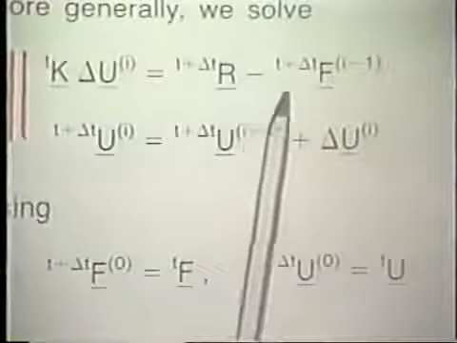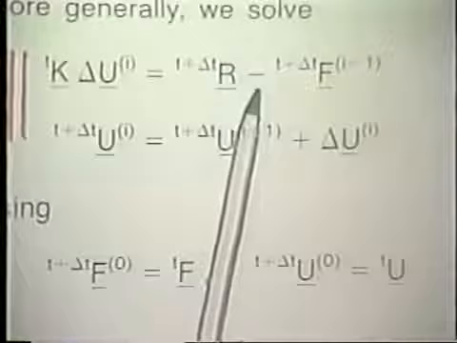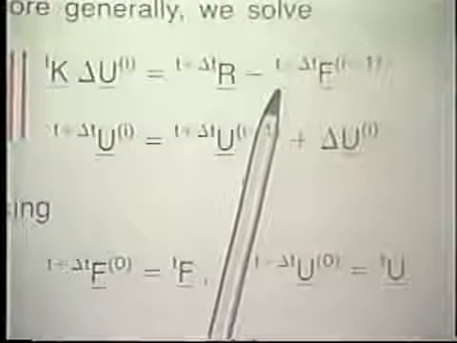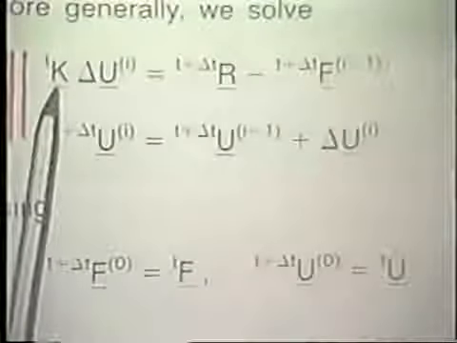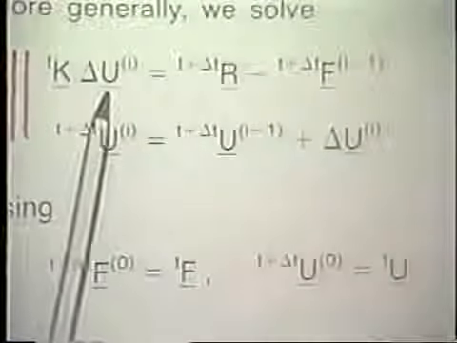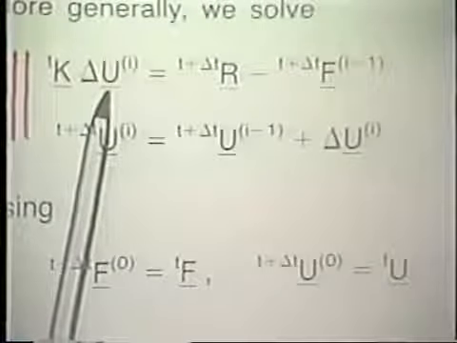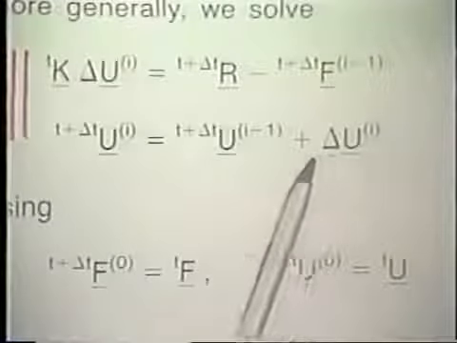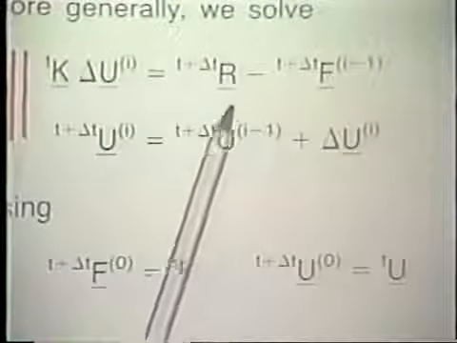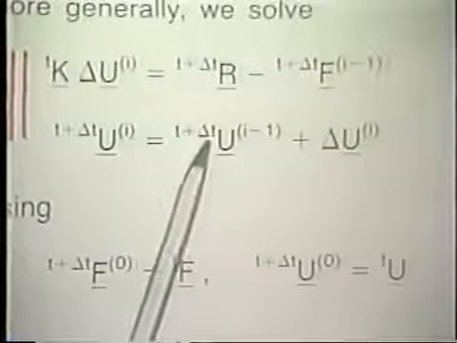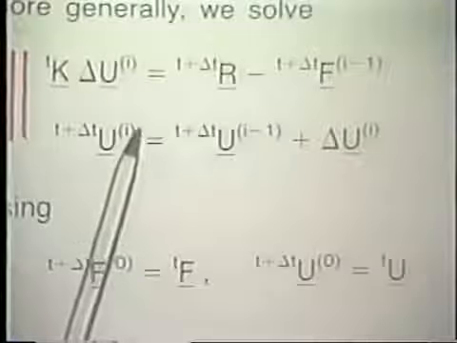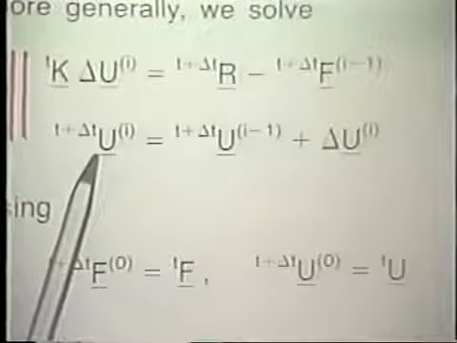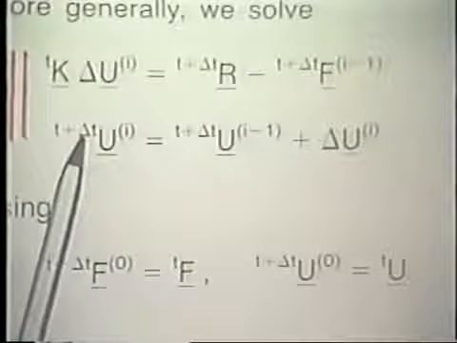This is the out-of-balance load vector corresponding to the start of iteration i. This out-of-balance load vector, and with that tangent stiffness matrix, gives us an increment in the nodal point displacement vector corresponding to iteration i. We add it to the previous displacements, namely those corresponding to time t plus delta t at the end of iteration i minus 1, and we obtain a better approximation to the displacements at time t plus delta t.